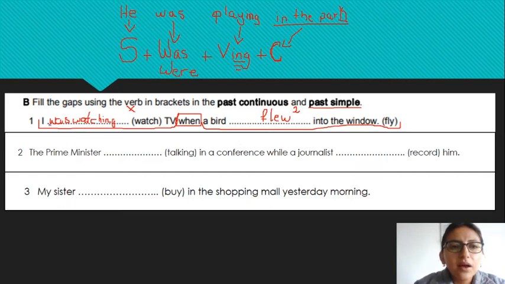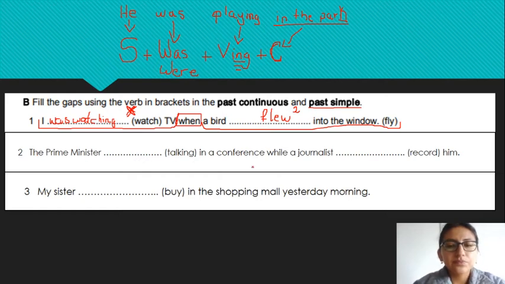Okay? Yo estaba mirando o viendo televisión cuando un ave voló dentro de la ventana. Okay? The action number 1 was interrupted by the action number 2. Okay? This is the one use.